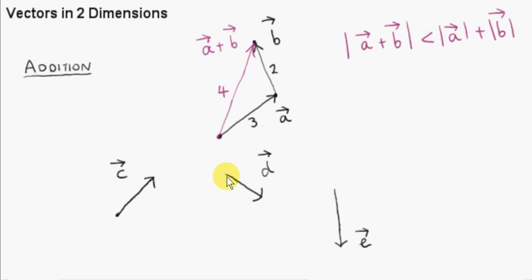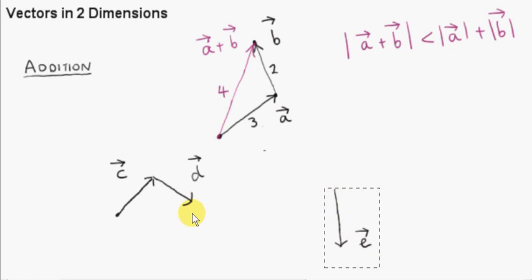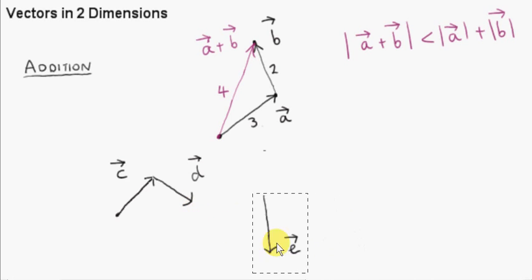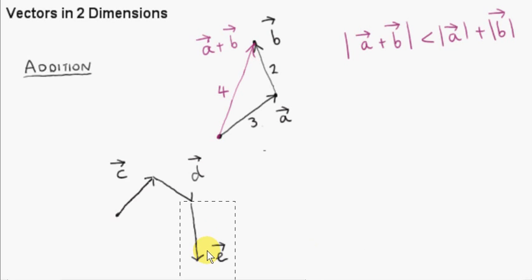So we're going to connect the tail of D to the head of C. Next, we connect the tail of E to the head of D. To get the resultant, we connect the tail of C to the head of E. So this vector is C plus D plus E.